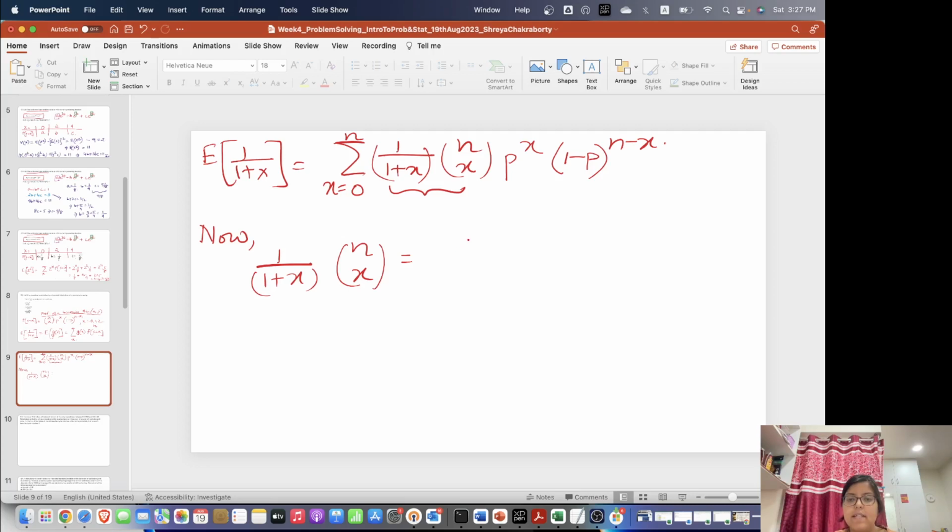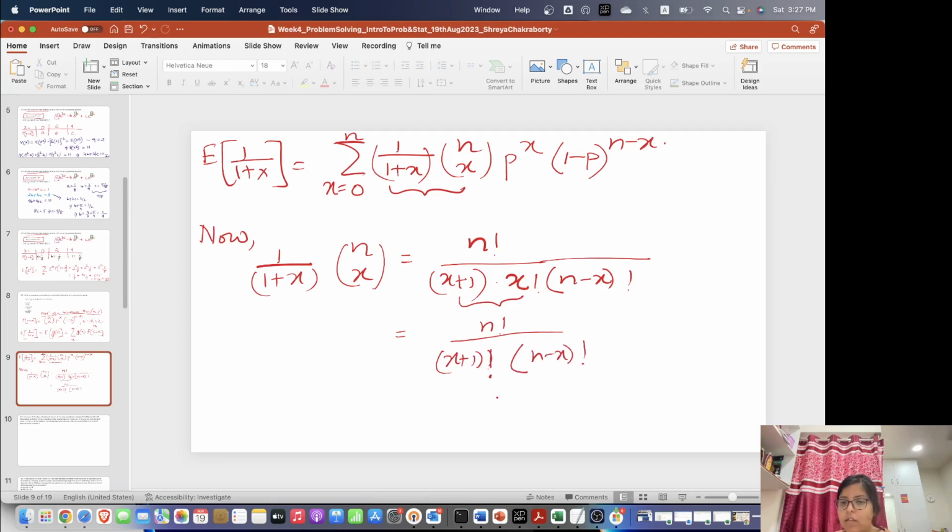I can write it as n! / ((x+1) x! (n-x)!). So nCx I have broken down here and 1/(x+1) I have kept it here. Now combining these two, I can write it as n! / ((x+1)! (n-x)!).